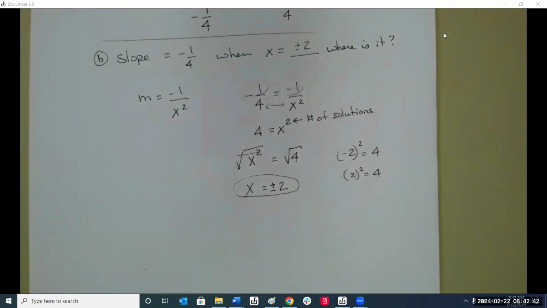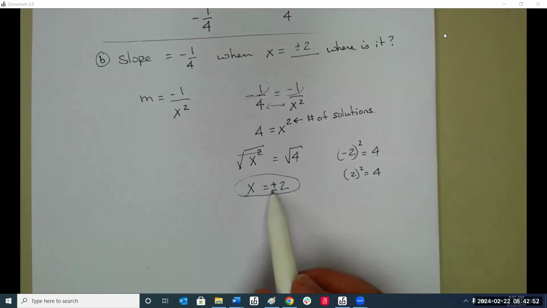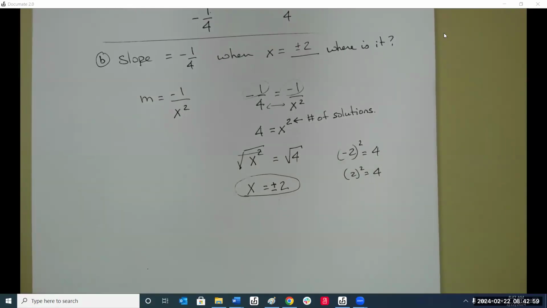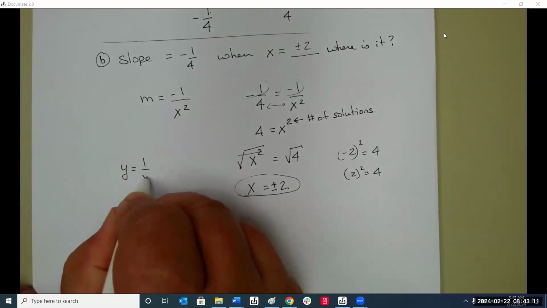So how do we find the locations? You have the x values. What do you need? You need the y values. Where do we find the y values? What's the function? Yeah, because we were given in the first part y equals 1 over x.